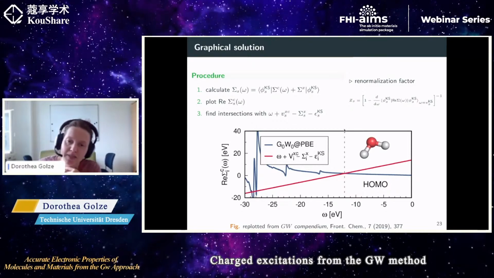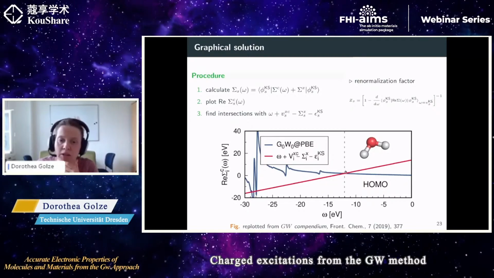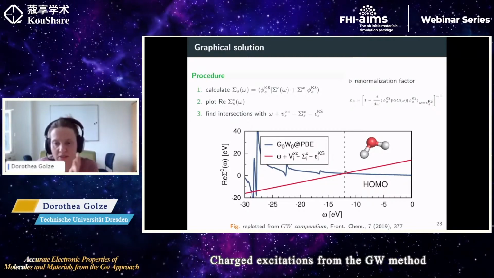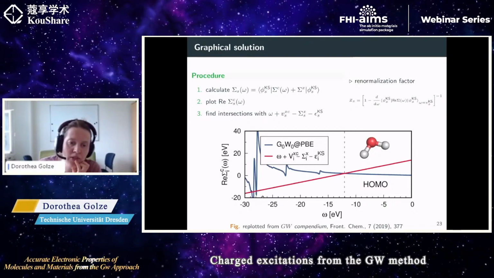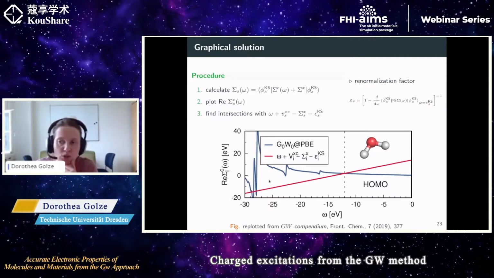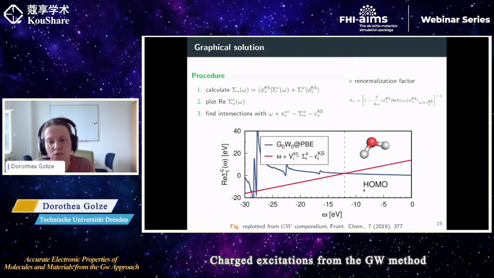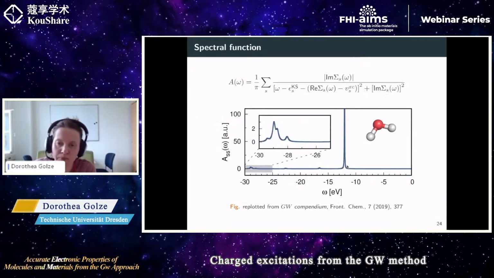And this is basically here the main solution, where the line is flat, so the Z value will be very large. So the larger the better. Here the slope is close to 1, and this will give a very small value for Z. So this has low spectral weight. This rather corresponds to a satellite feature. So sometimes it's necessary to look into this to see if you have a unique solution.